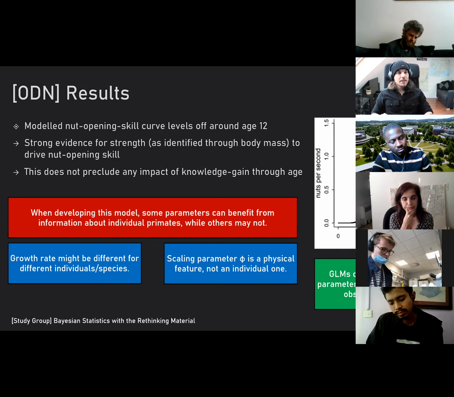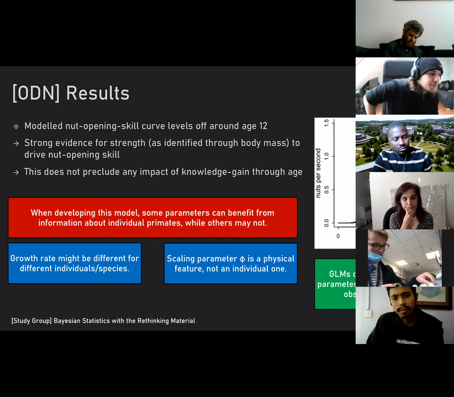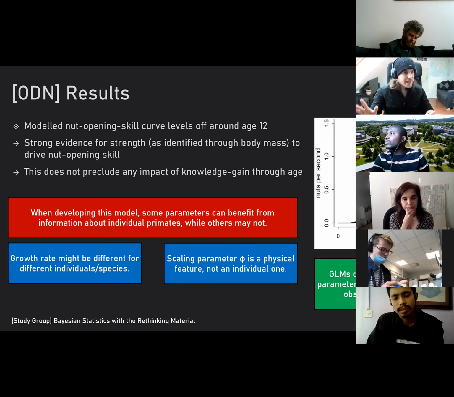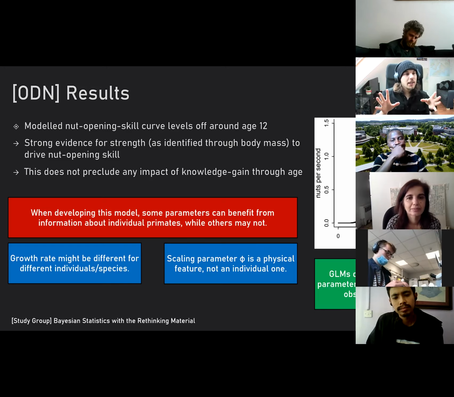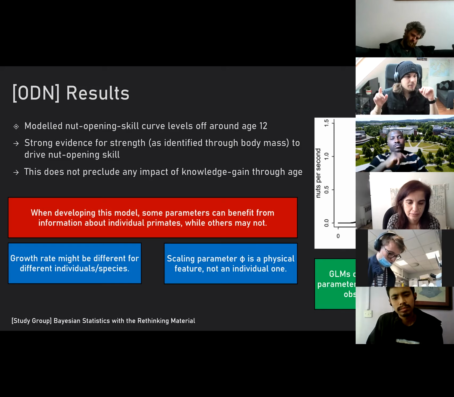Right. So the important thing is we're not doing this in the ODE right now. But if we move into just straight up Stan code, we can tell our model directly that it is absolutely allowed to vary the growth rate depending on individuals, but it's not allowed to vary the scaling parameter phi depending on individuals.